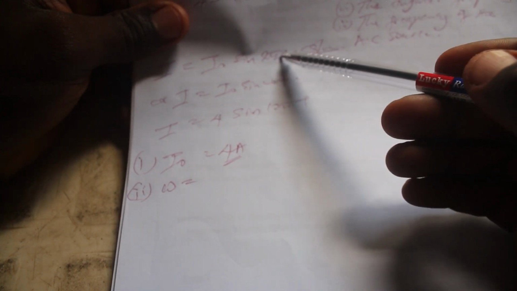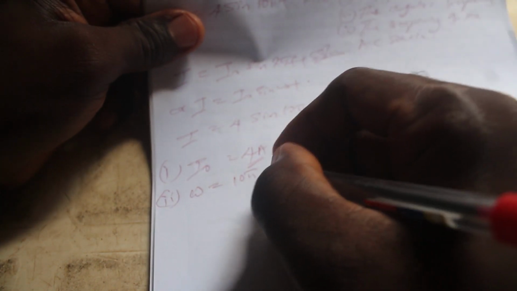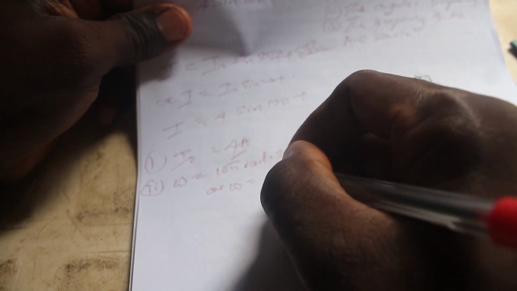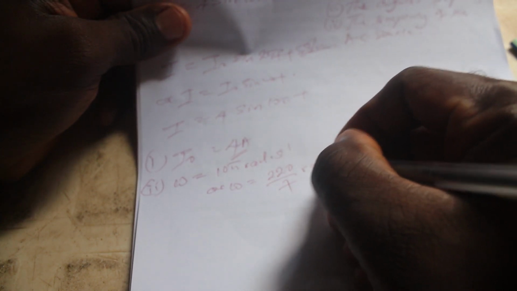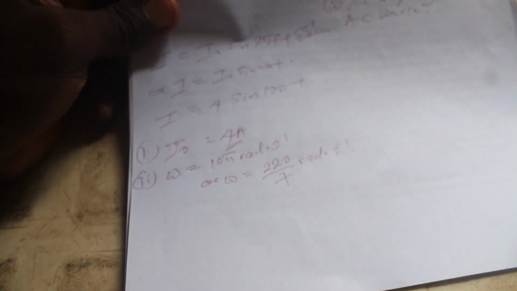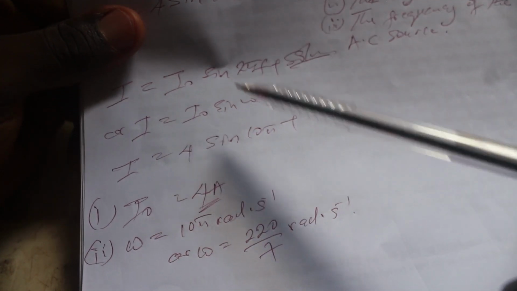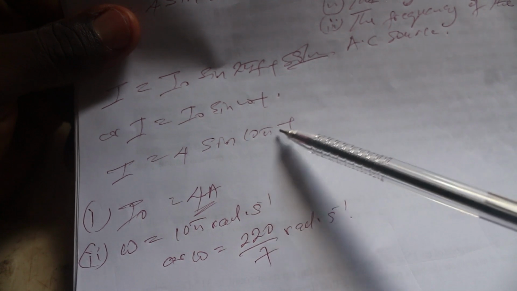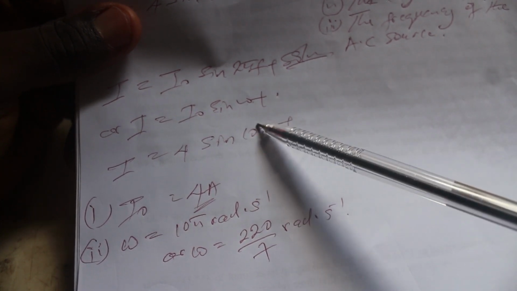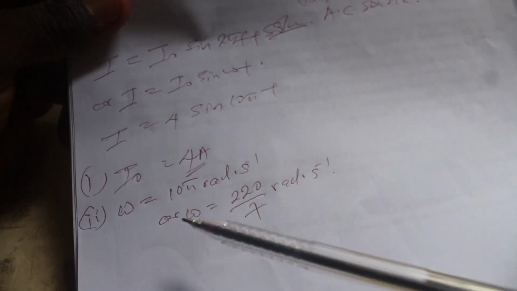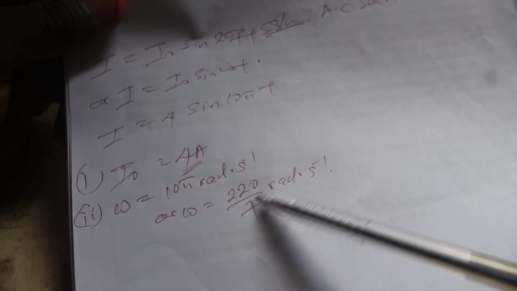Omega is the same thing as 2πf, and here it corresponds to 10π. So omega is equal to 10π radians per second, or omega is equal to 220 over 7 radians per second.